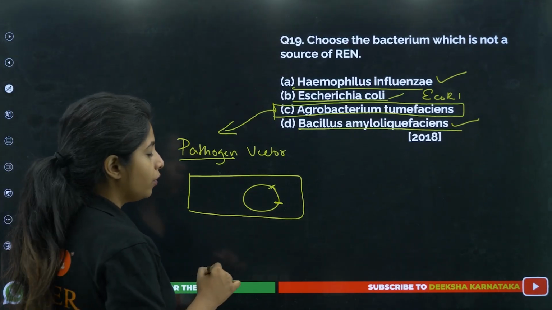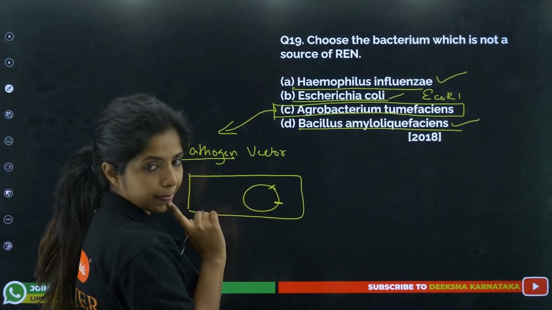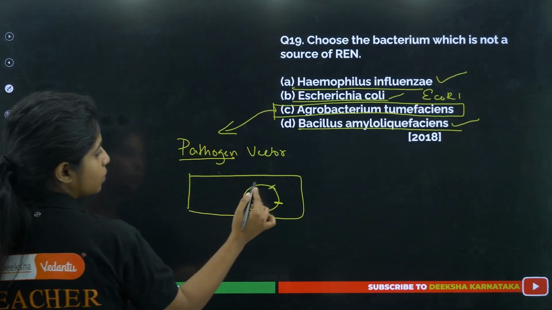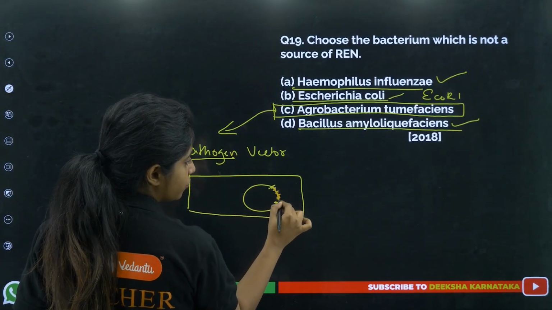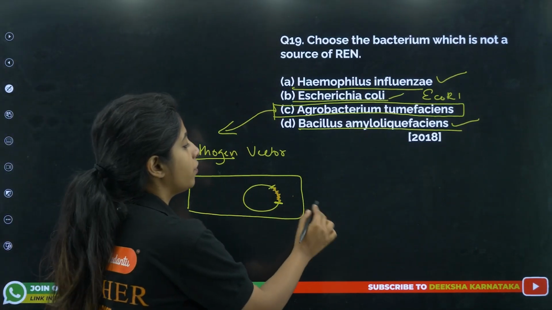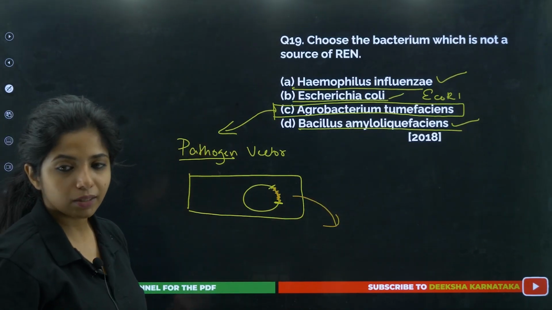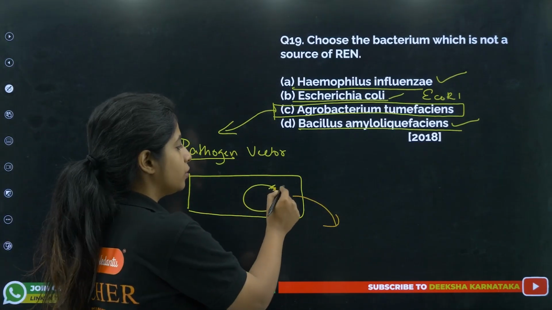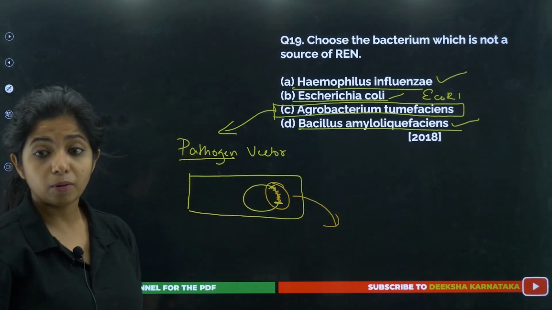Over here what they did was, they removed this particular part and put the gene of interest. Now this poor bacteria does not know that it cannot cause any trouble. It still goes and infects the plant, but when it is going and infecting the plant, it is not able to transfer that particular DNA strand which is causing the trouble. Instead they put the gene of interest. So this is a disarmed pathogen vector.